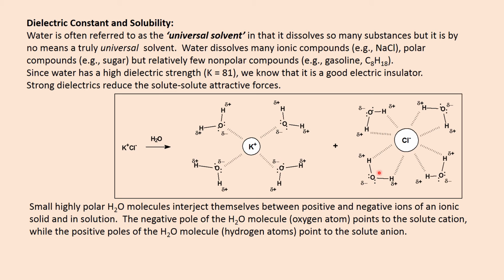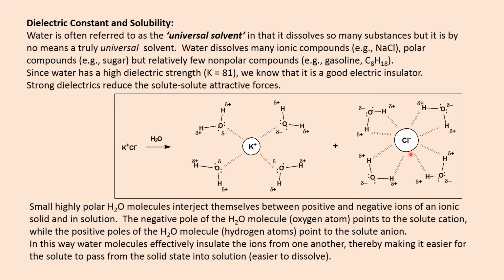Notice that the positive pole, that is the hydrogens of water, are pointing towards and attracting the chloride anion. In this way, water molecules effectively insulate these ions from each other and make it easier for the solute to pass from the solid state into solution, that is, easier to dissolve.